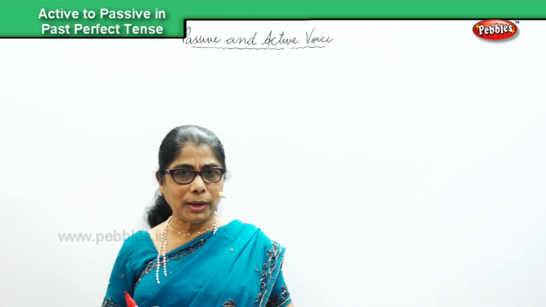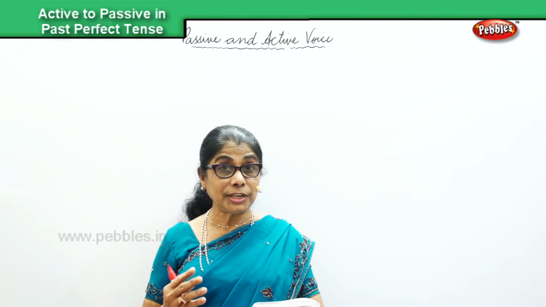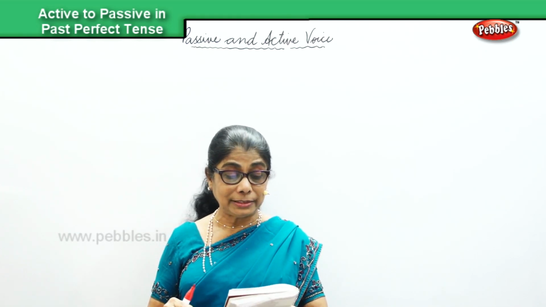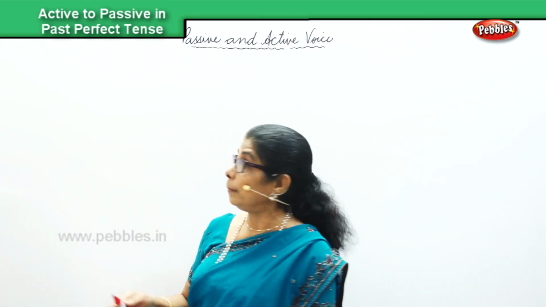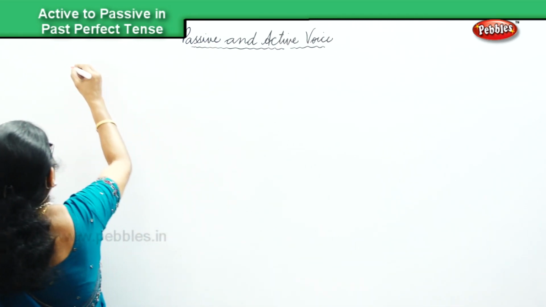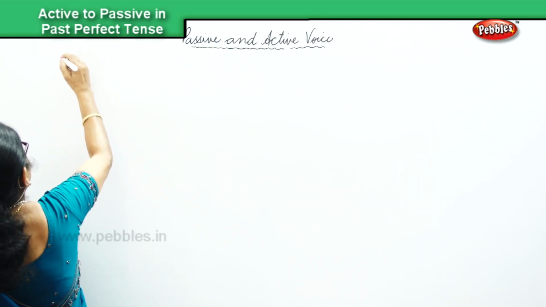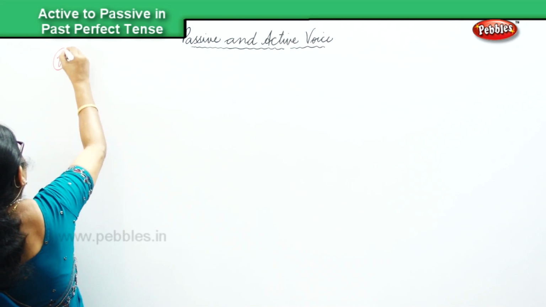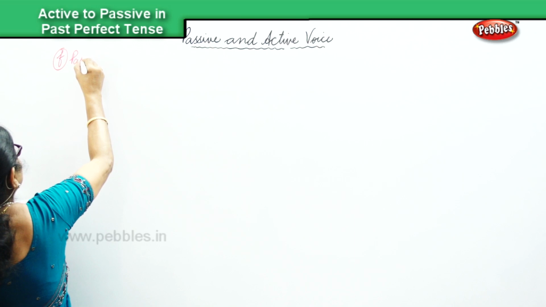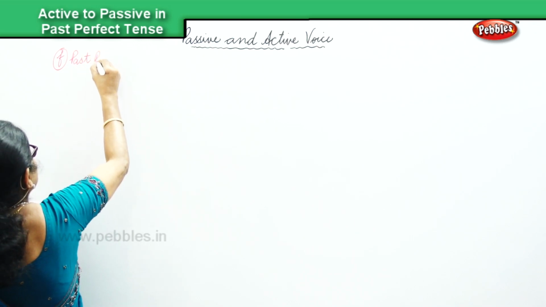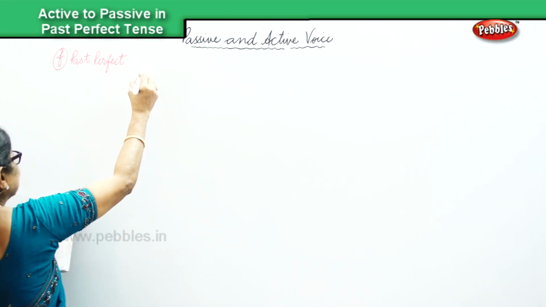Now we're going to recall to our mind changing from active to passive in the past perfect tense. Okay? So that is F. F, we are going to look at past perfect tense.